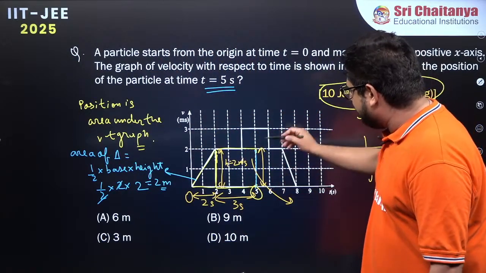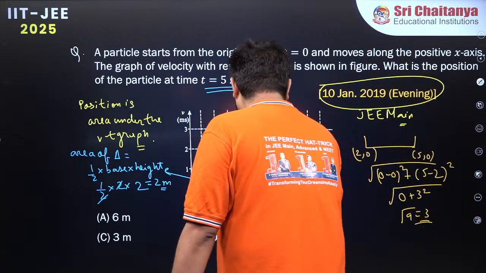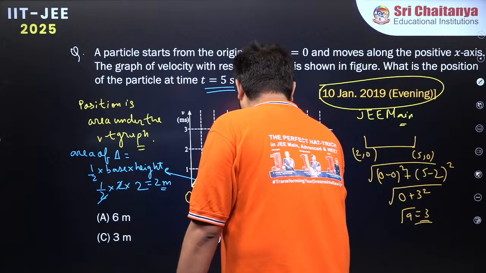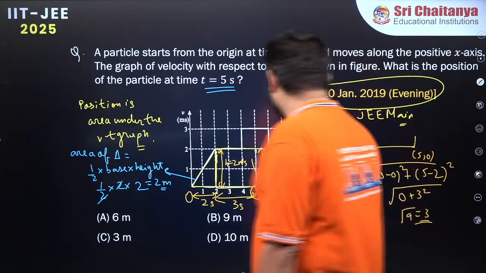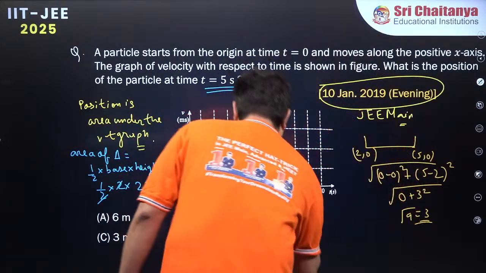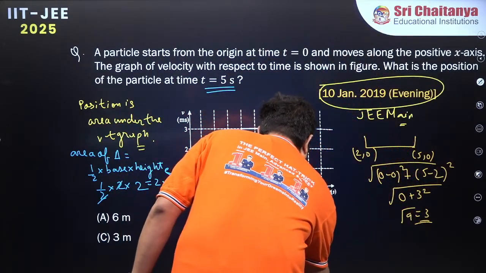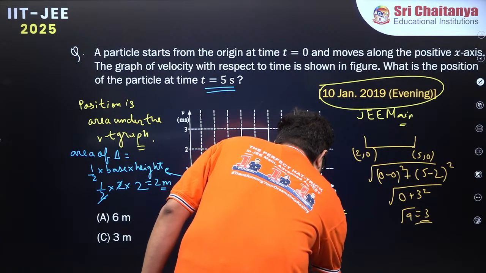So now what is going to be the breadth of the rectangle? That is going to be 2 meter per second itself, isn't it? So now what is going to be the area of this rectangle? That is length into breadth. Everyone knows that.